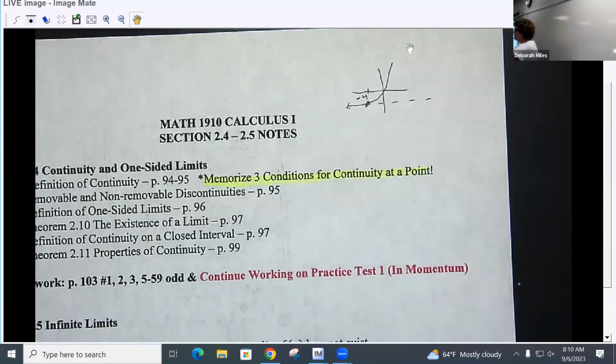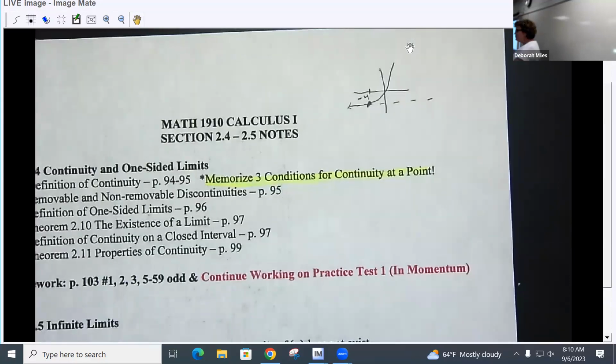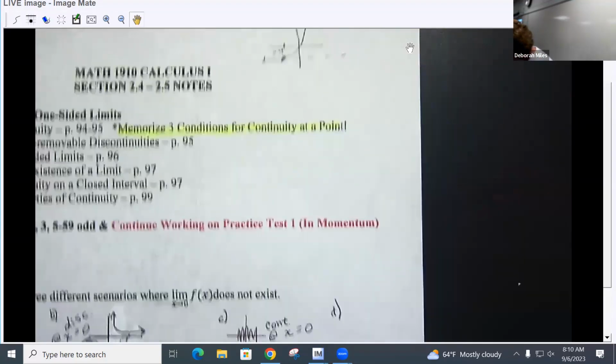Is that on all of your papers? Yes. Not on yours? But you printed from Momentum. Okay, that's what it is. I uploaded a new one yesterday. I'm going to write it in here for you then, Richard.